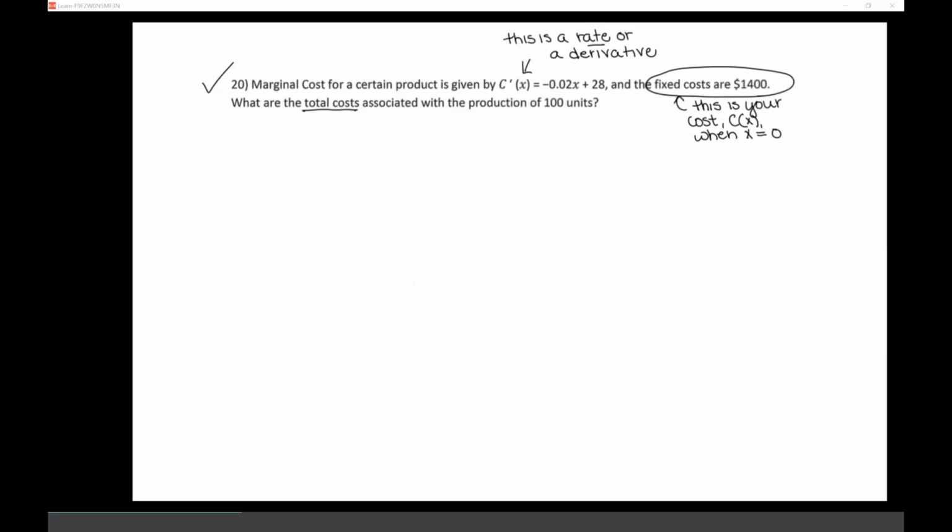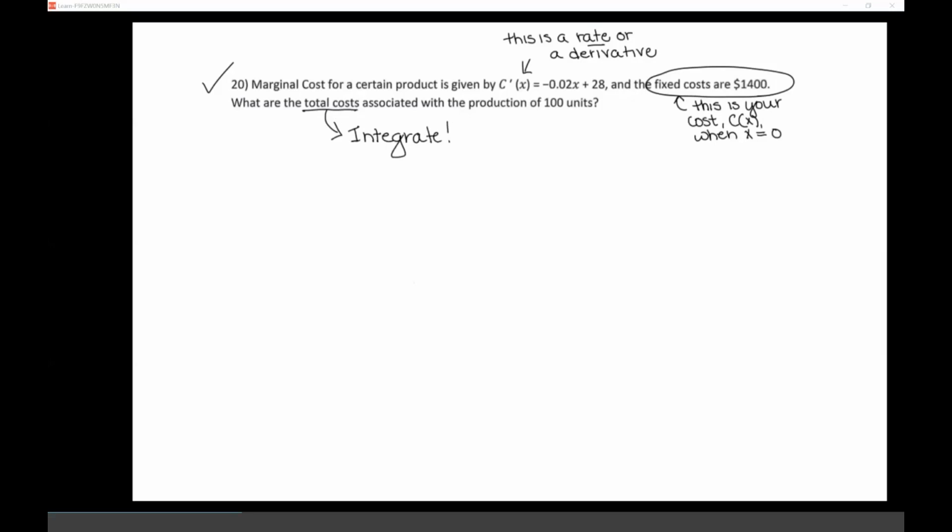Anybody have any thoughts? Well, we're starting with a derivative, so it can't be differentiation. There's really only one operation left. If you want to get a total function and you have a rate function, you're going to integrate it. That gives you a total.